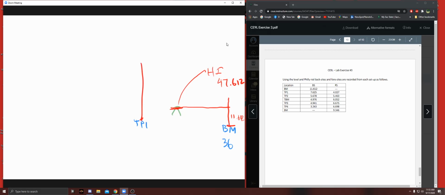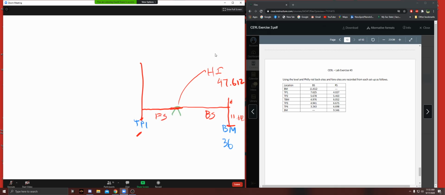So normally in class, you'd have 2 people at the level, one person looking through the level reading the rod, the other person, the party chief, writing down the data. One person here holding this rod and one person here holding this rod. Back sight. Now we aim to this rod at turning point 1. That's your foresight.